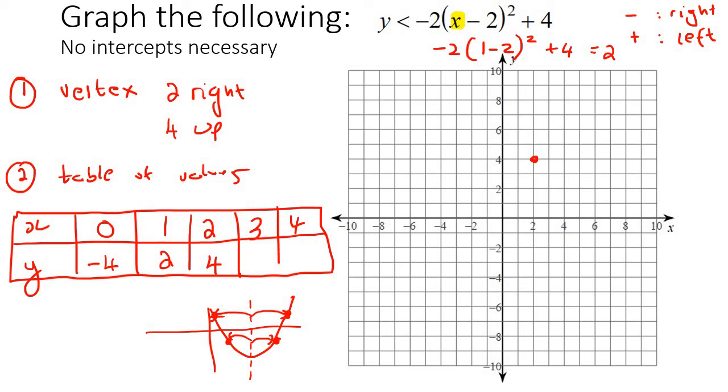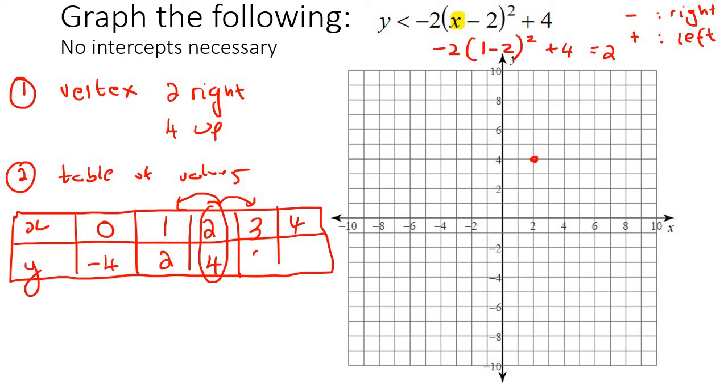You can go 3 places, 4 places, it doesn't matter. As long as you go the same distance on the right and the left, the y values would be exactly the same. So if this is the vertex, then if you go 1 to the right and 1 to the left, their y values would be identical. And if you go 2 to the right and 2 to the left, their y values are identical.